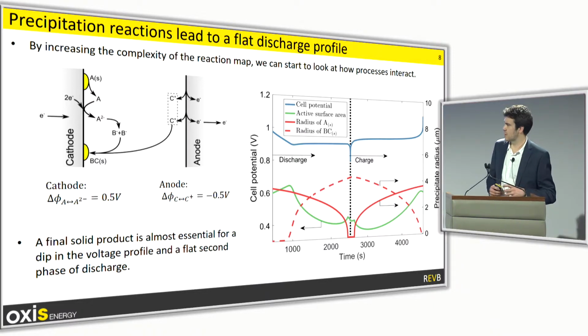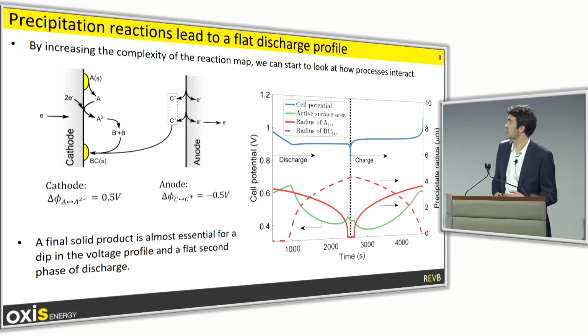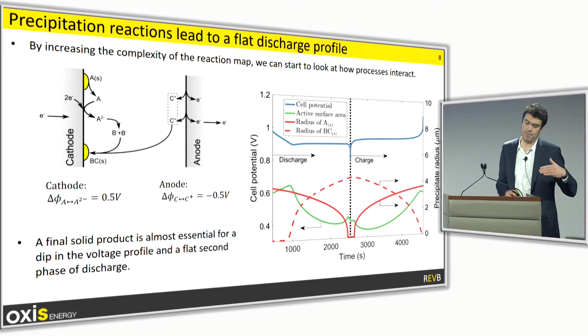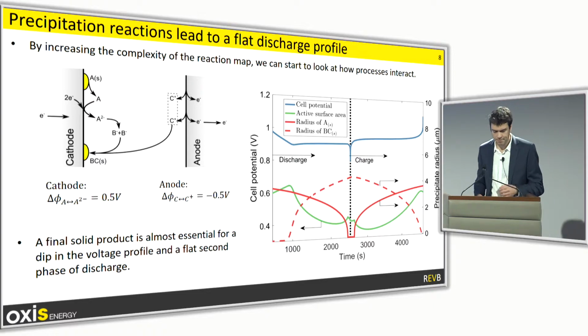And generally what we find from looking at reaction mechanisms like this is that it's almost essential to have the precipitation step at the end. The precipitation step acts initially as a bottleneck, and then you can see, at about 1,000 seconds in this case, that the radius of the species BC starts to increase at the same point at which the voltage enters its plateau region.